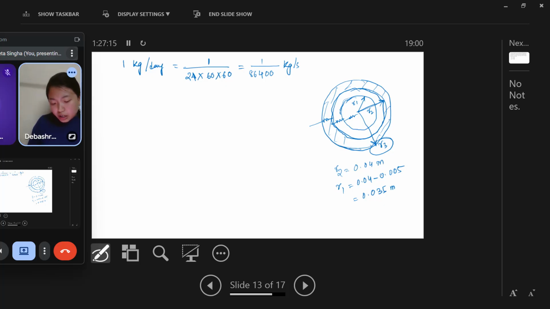For finding the R3, the conductive resistance for sphere was 1 by R2, 1 by R1 minus R2, by R1 is 0.035 minus R2 is 0.04, divided by 4 pi.